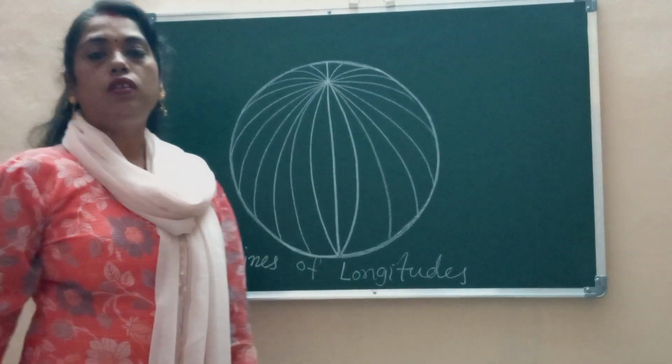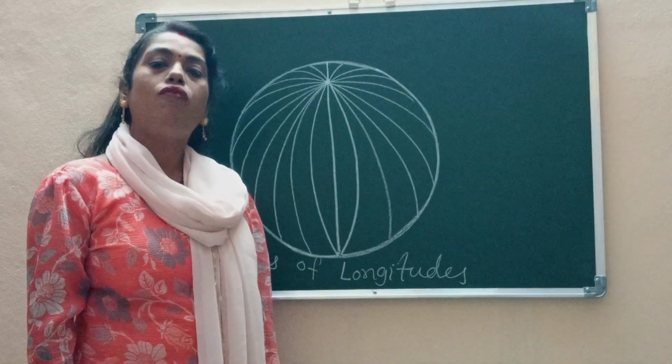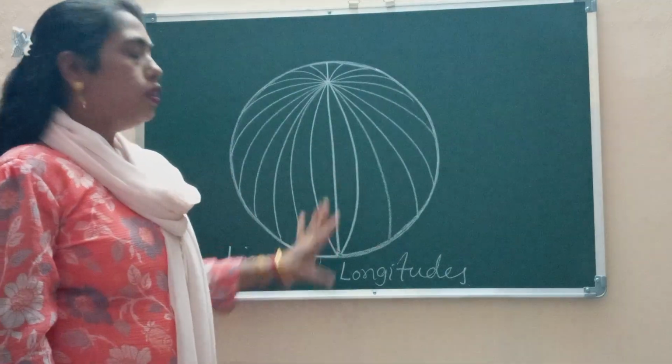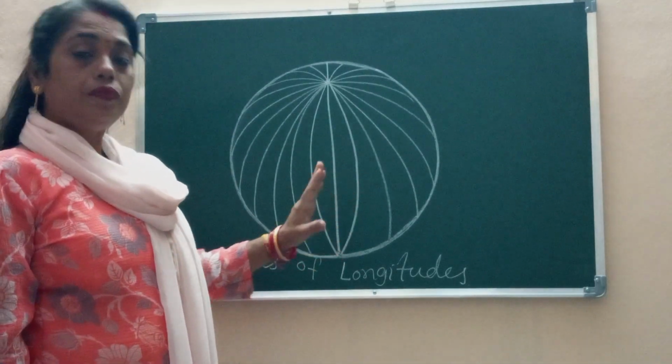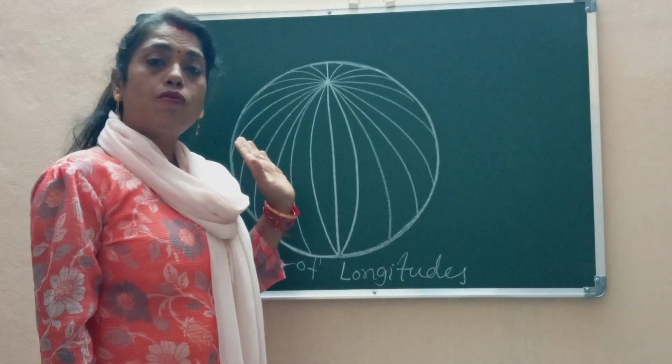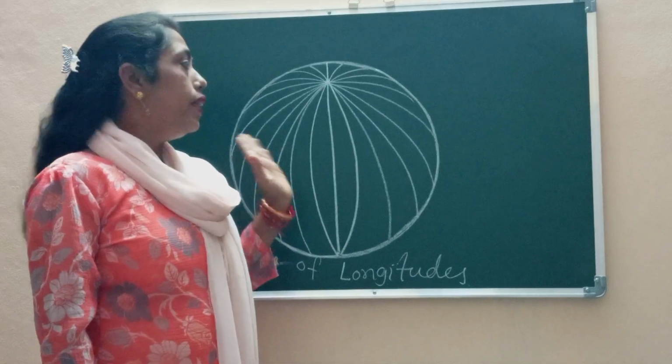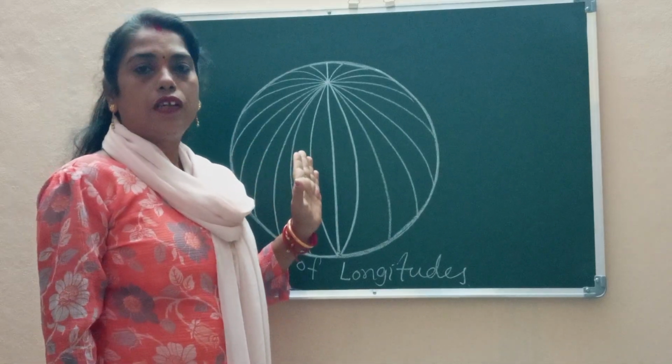Now you can see children, we have drawn all the lines of longitude. So here is the difference from the latitudes which I showed you in part 1; this is part 2 of the imaginary lines.